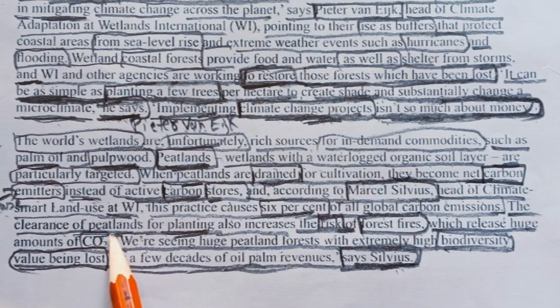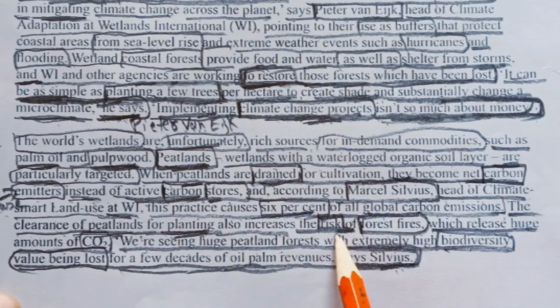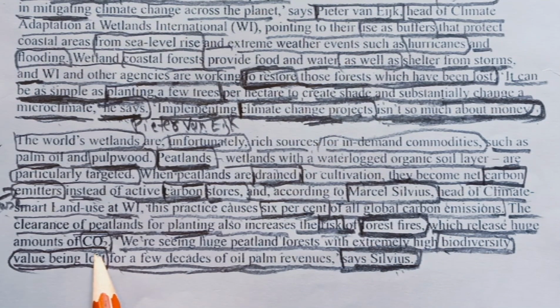The clearance of peatlands for planting also increases the risk of forest fires, which release huge amount of carbon dioxide.